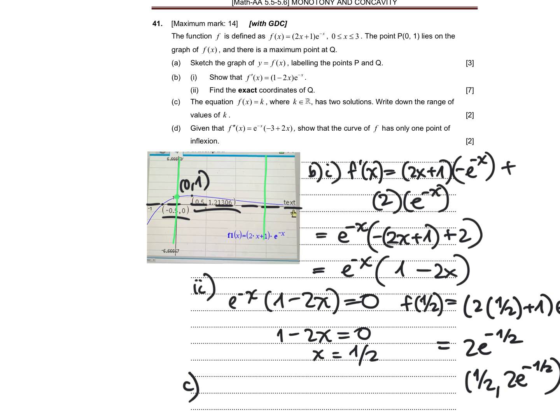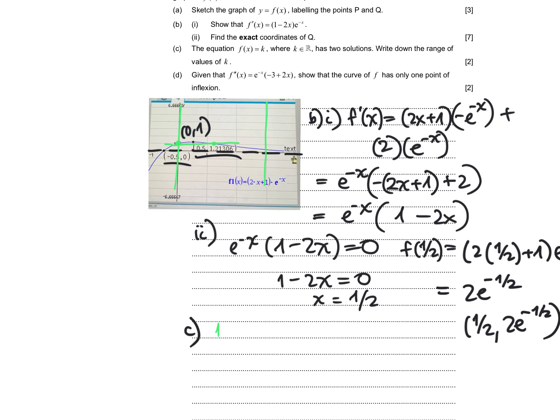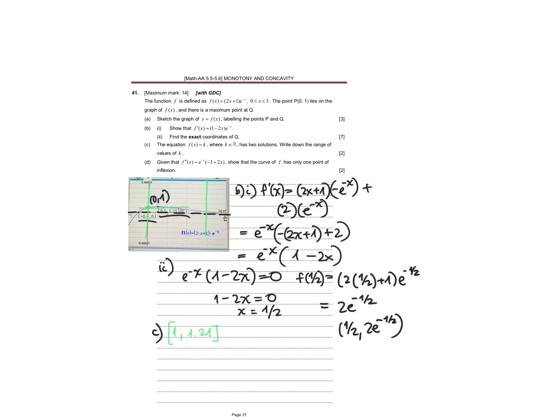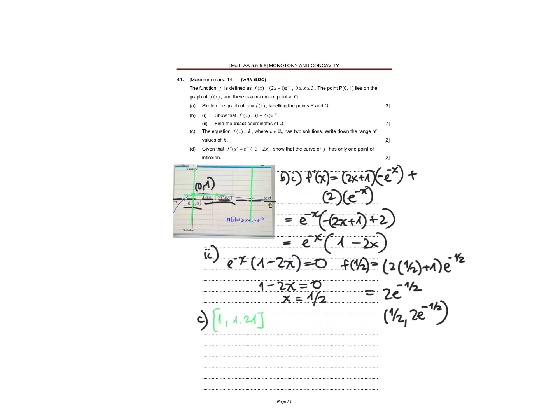So if we draw a line like this, where it intersects 1 again is the last time that it will have two solutions. So this is going from y equals 1 up until that maximum point, 1.21, or 2e to the negative 1/2, okay?